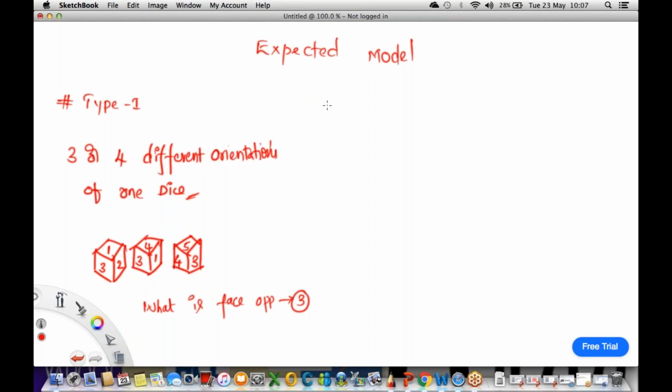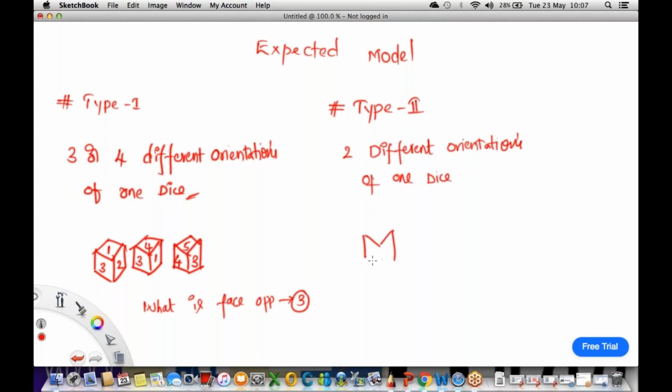And the second kind of question, or second model you can expect, under the type 2, we will be finding the questions where two different orientations of one dice will be given. That means your information will be projected like this.